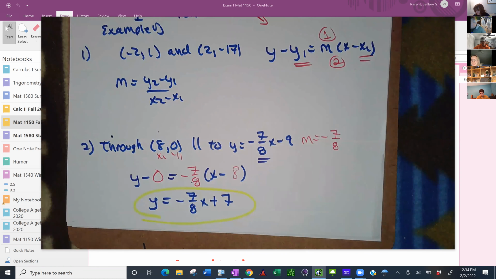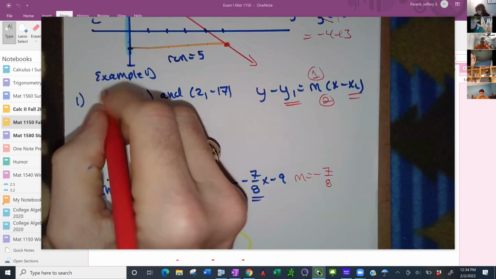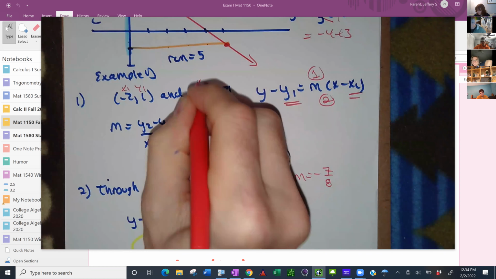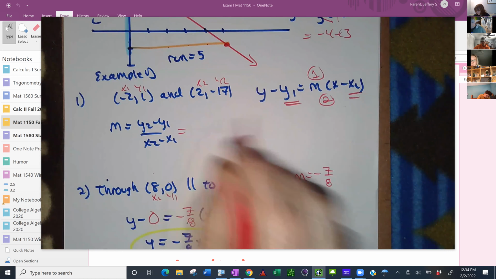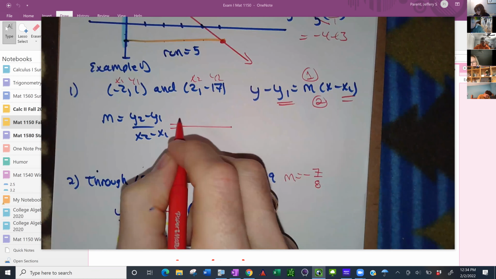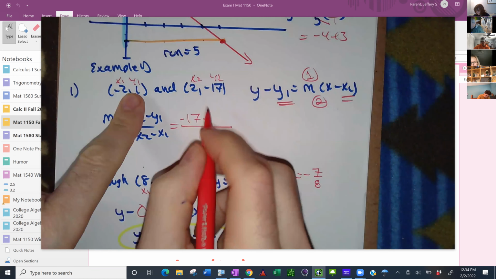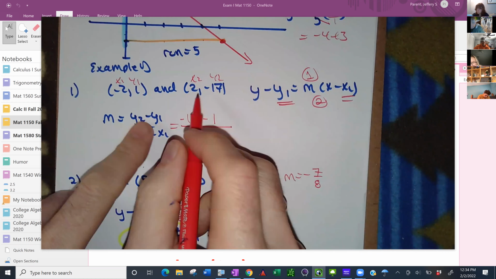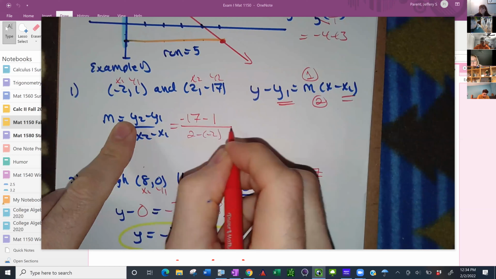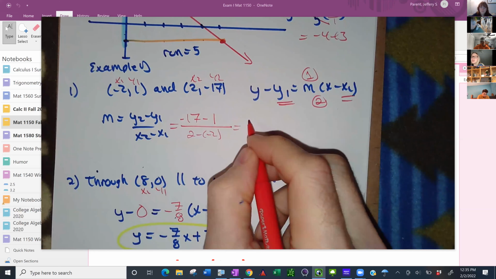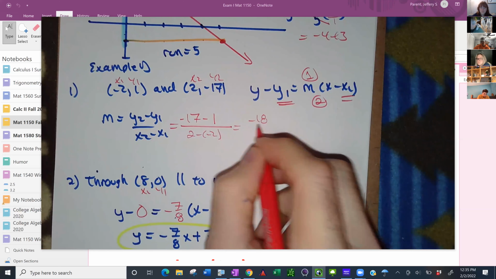So I'll call this my x1, y1, and this is my x2, y2. The slope of a line between those is negative 17 minus 1, so subtracting this way, over 2 minus negative 2. So it gives me negative 18 over 4.